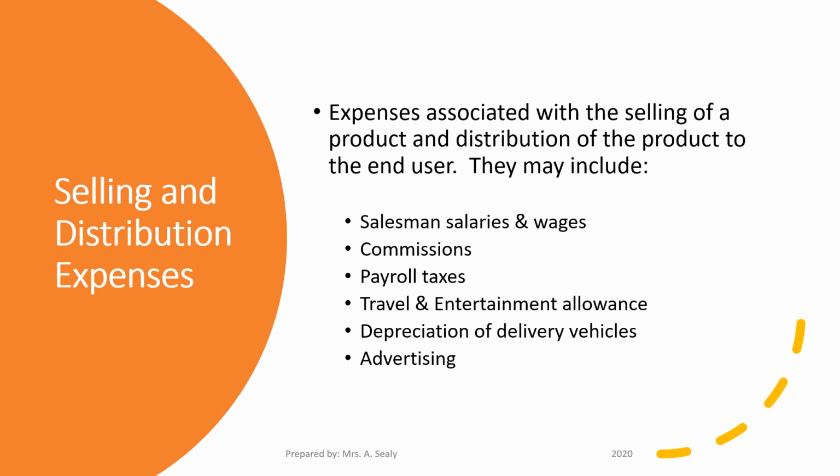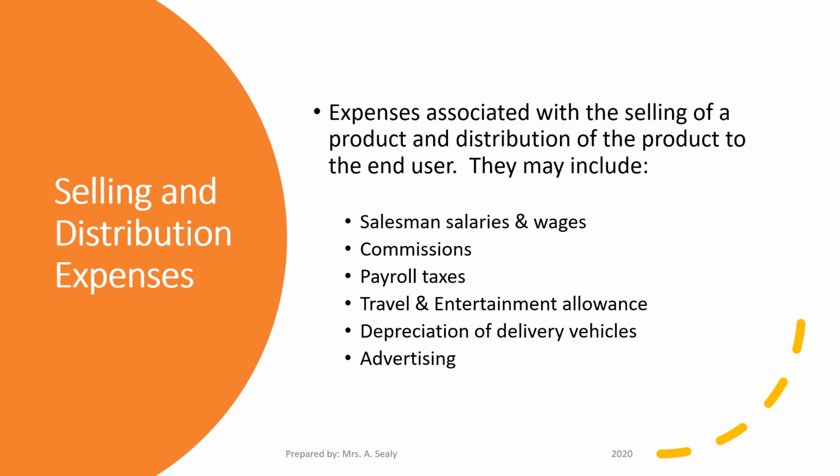So also that's where the entertainment comes in, because they want to be able to get that product that belongs to the company sold. So they have to do various things to get it sold. So anything that is really associated with getting that product to the end user will fall under the selling and distribution expenses.